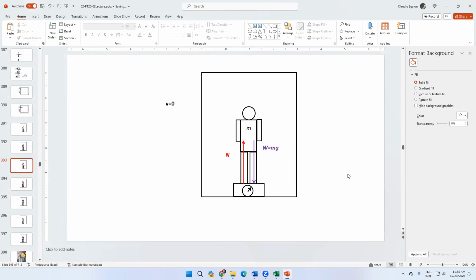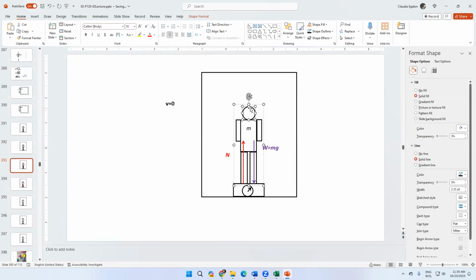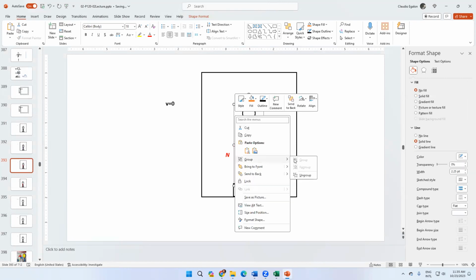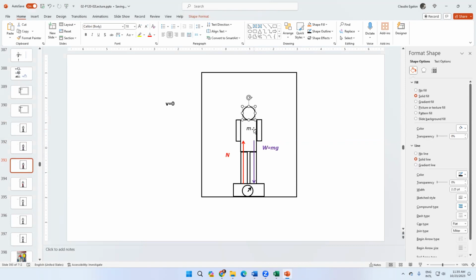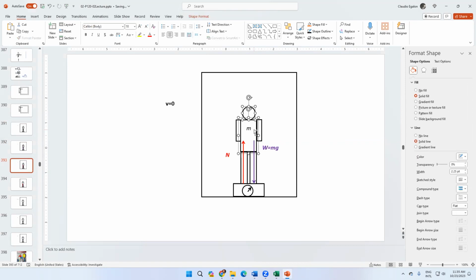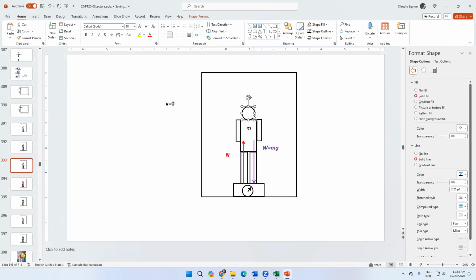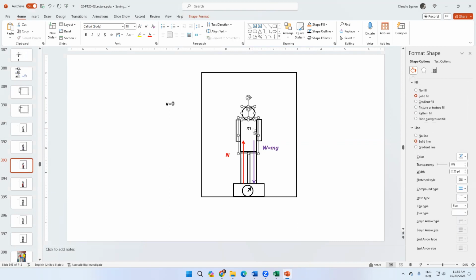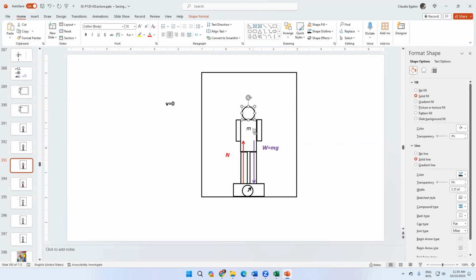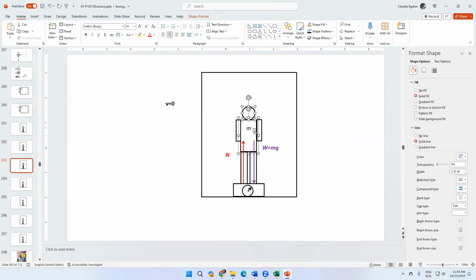Look, it's so simple, and yet they're so useful. Don't underestimate the power of those illustrations, even though they look deceptively simple.